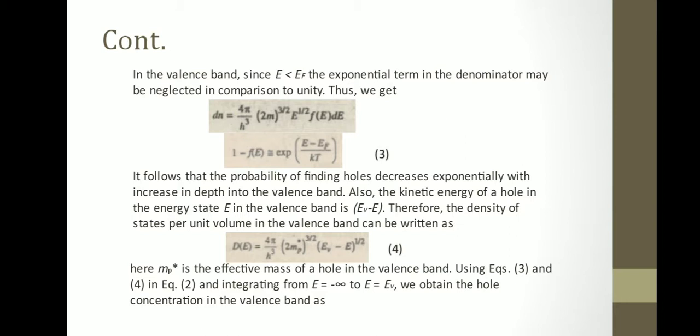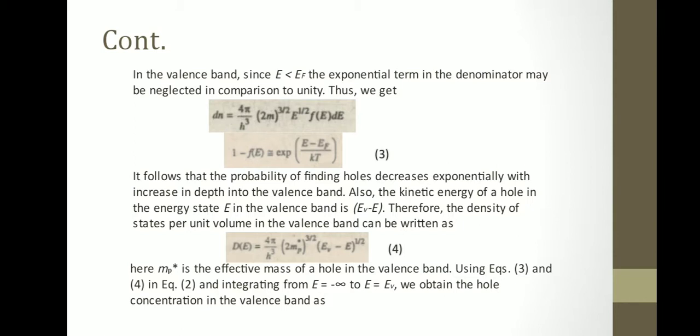So dN is equal to 4 pi by h cube (2m) raised to power 3 by 2, E raised to power 1 by 2, F of E dE, and we get 1 minus F of E approximately equal to exponent of (E minus EF) by KT. It follows that the probability of finding holes decreases exponentially with increase in the depth into the valence band.